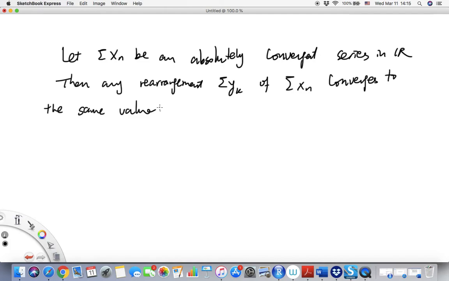This should be no surprise, right? Because if your series is convergent, you permute the terms, it's still going to be convergent because eventually all the terms are going to be summed. Okay, so let's see, how do we prove that?